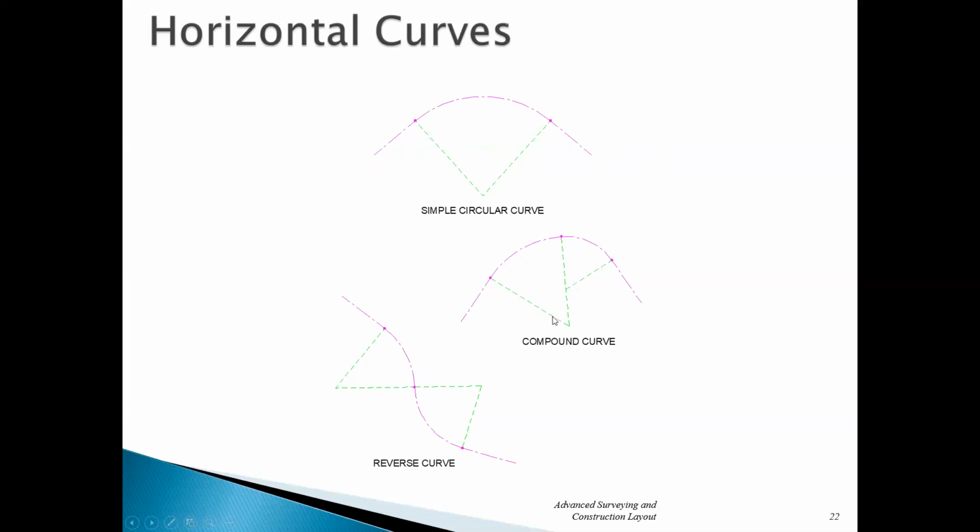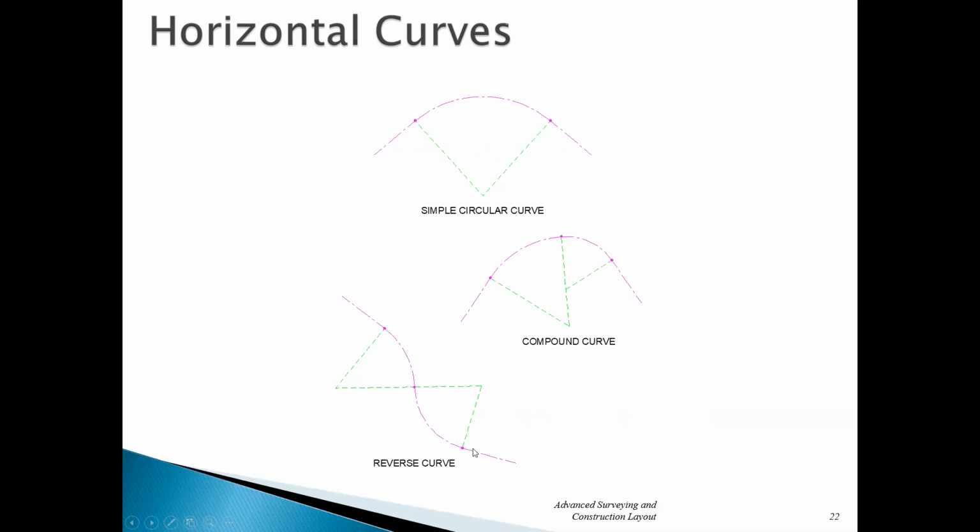Notice the radius on the first curve is greater than the radius on the second curve. And then you could have another curve with a smaller radius, and another with a smaller radius. You don't see these as often, probably more on the edge of the road rather than in the center of the road, okay? I've had to lay this type of curve out before, and I've certainly laid out many, many circular curves.